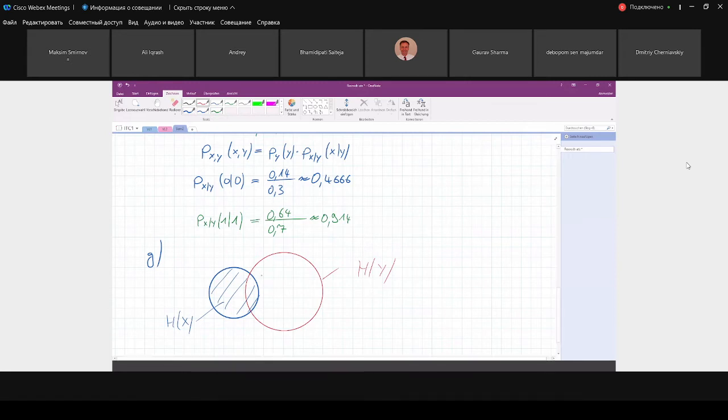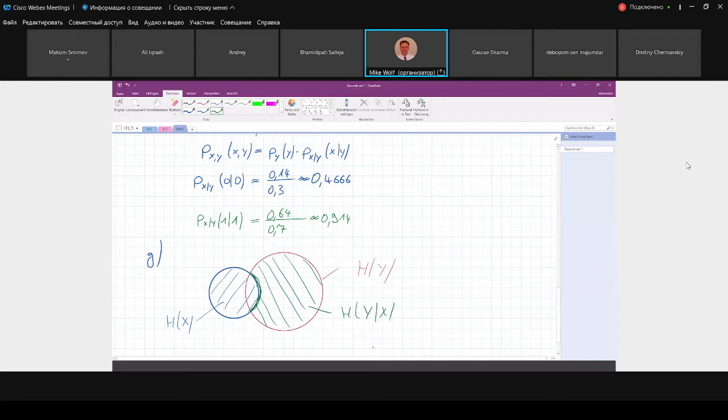So this is, of course, h of x. And let's say I draw here this in green. So this is h of y given x.